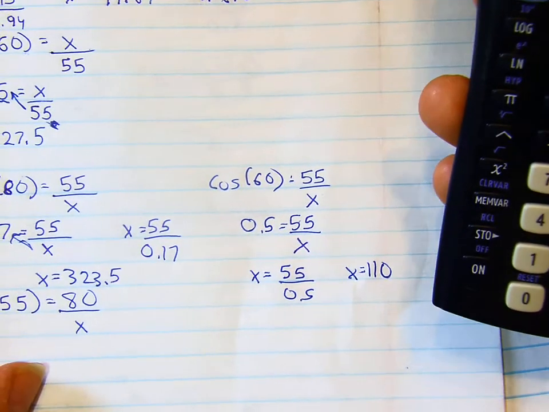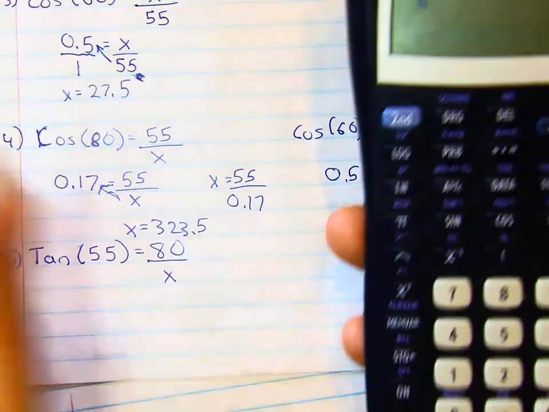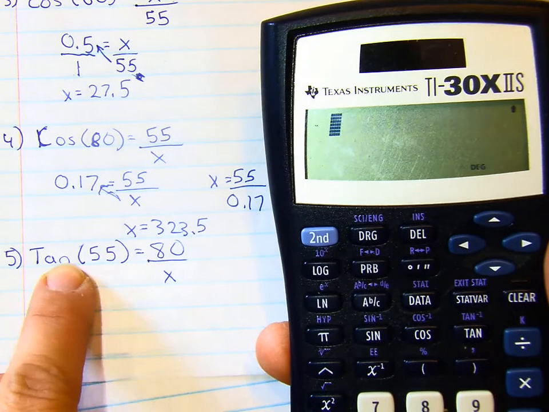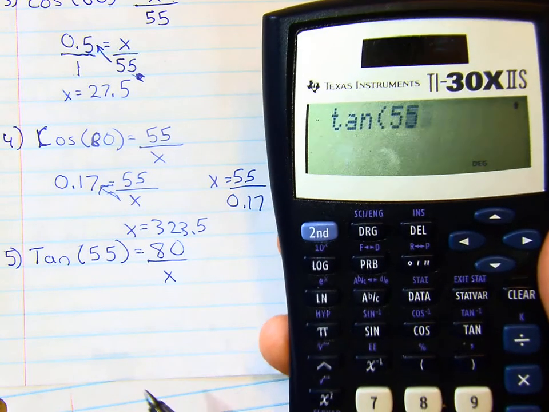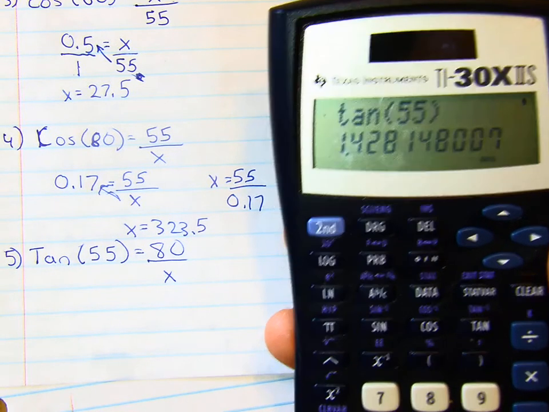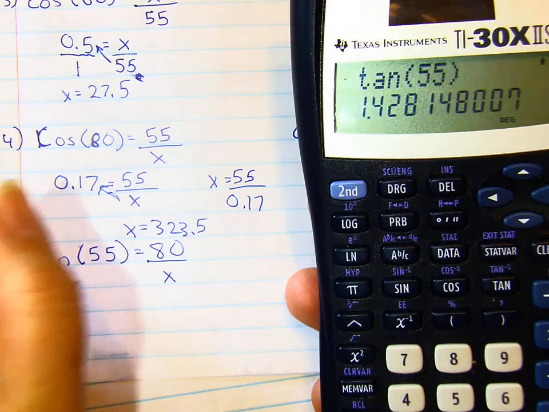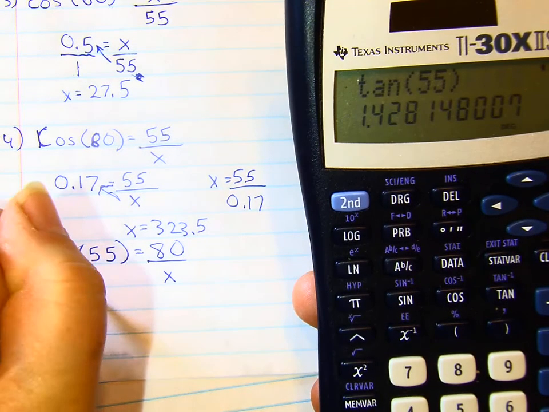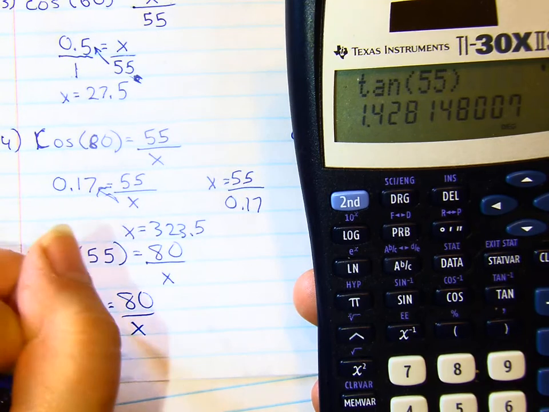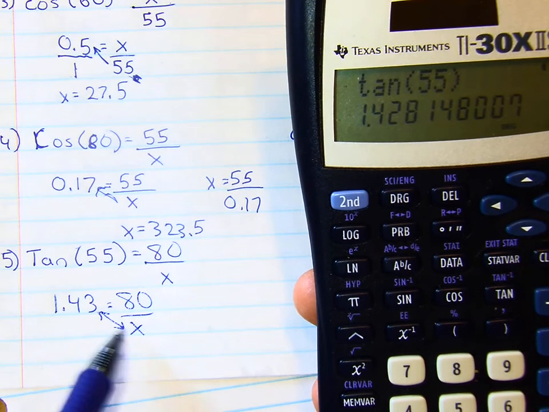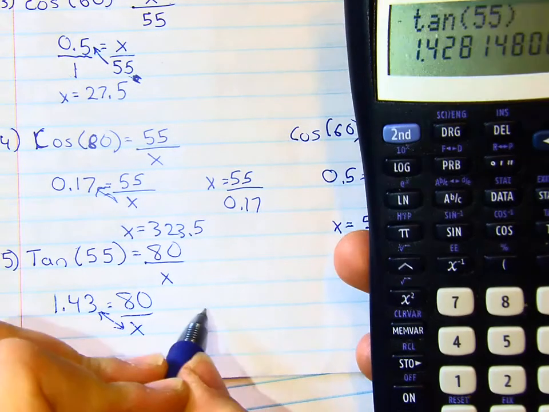Okay, last but not least, same concept, but now I have tan 55. Okay, so tan 55 equals 1.43, I'm going to say, 80 over x. I'm going to exchange those and switch their locations.